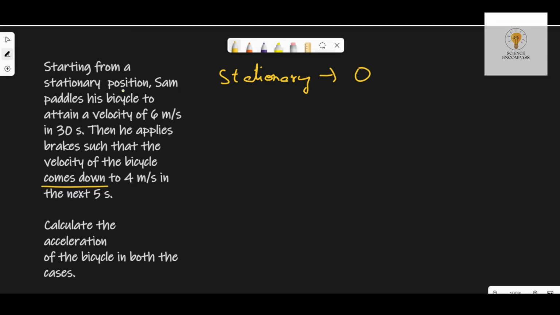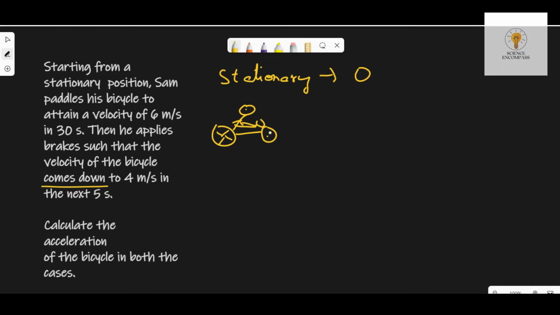So here we have case 1 where he starts with zero position. That's the stationary position. So let's just say that this is Sam. All right. So he's just sitting on his cycle right there.